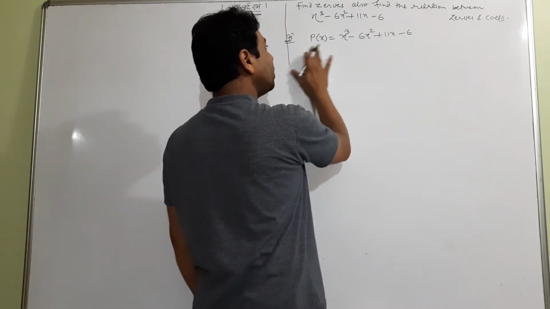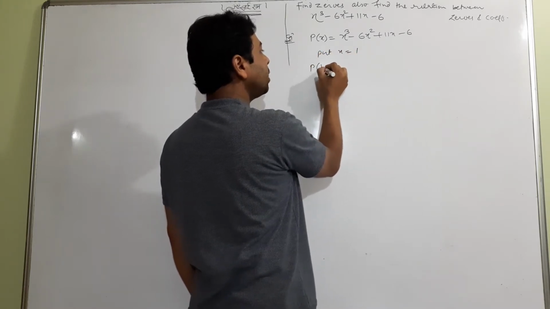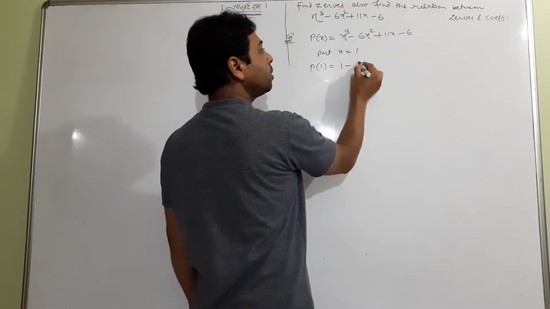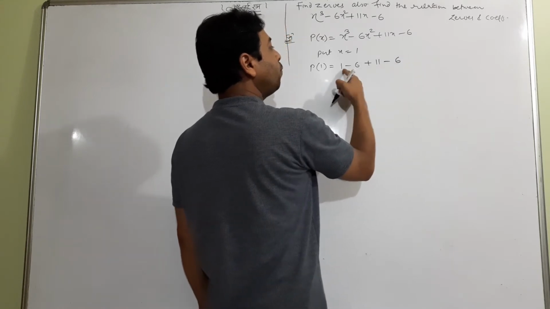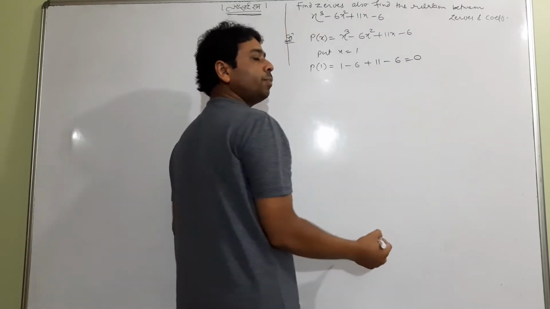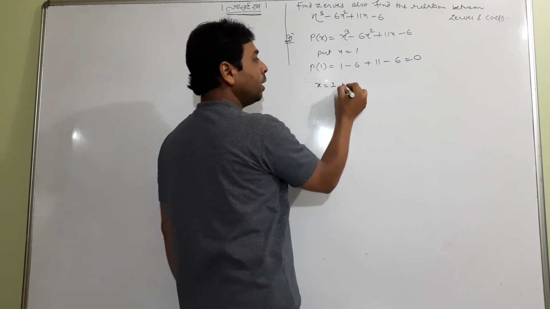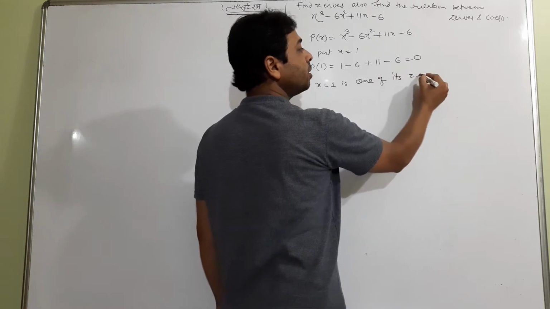So I try x equal to 1: p of 1 is 1 cube minus 6 into 1 plus 11 into 1 minus 6, and fortunately it is 0. It means that x equal to 1 is one of its zeros.